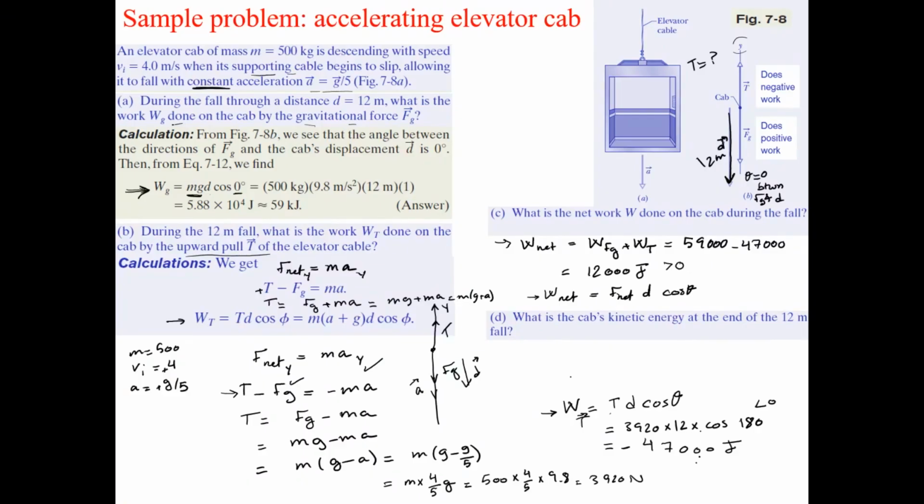But then I'll have to be doing an extra step if I want to use this formula. So I'll just stick to the easier one. So to find W net, the net work done on an object, I can use either one of these two formulas according to what's easier. In this problem in particular, I already found the work done by gravity and by the tension, so I'll just add them up. It's easier to use this method rather than having to calculate F net.